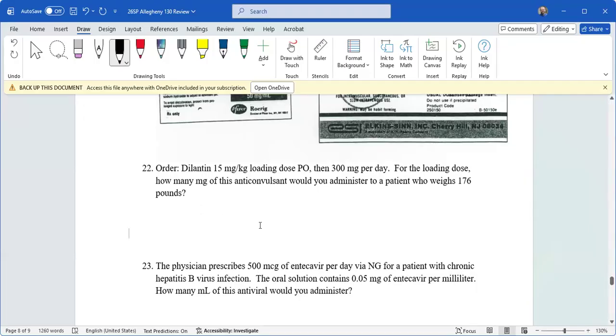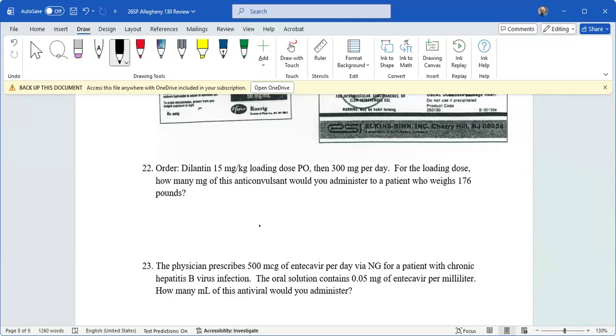All right, number 22 is the Dilantin question, and it talks about a loading dose and then a regular dosage. The order says the patient is going to receive 15 milligrams per kilogram, and kilogram in this instance always references their body weight, of a loading dose by mouth.